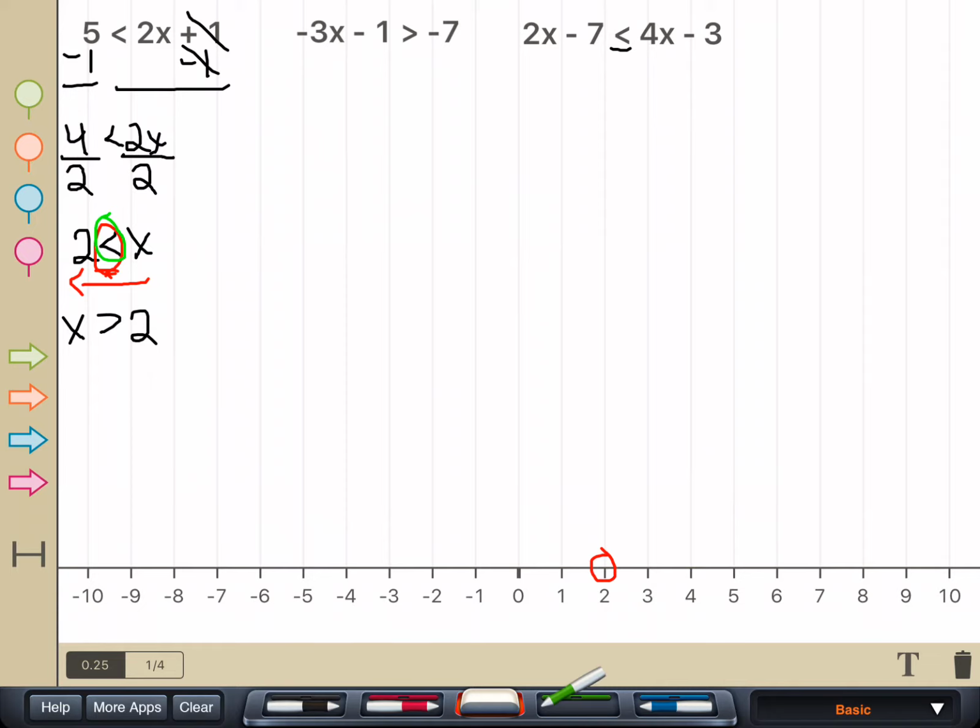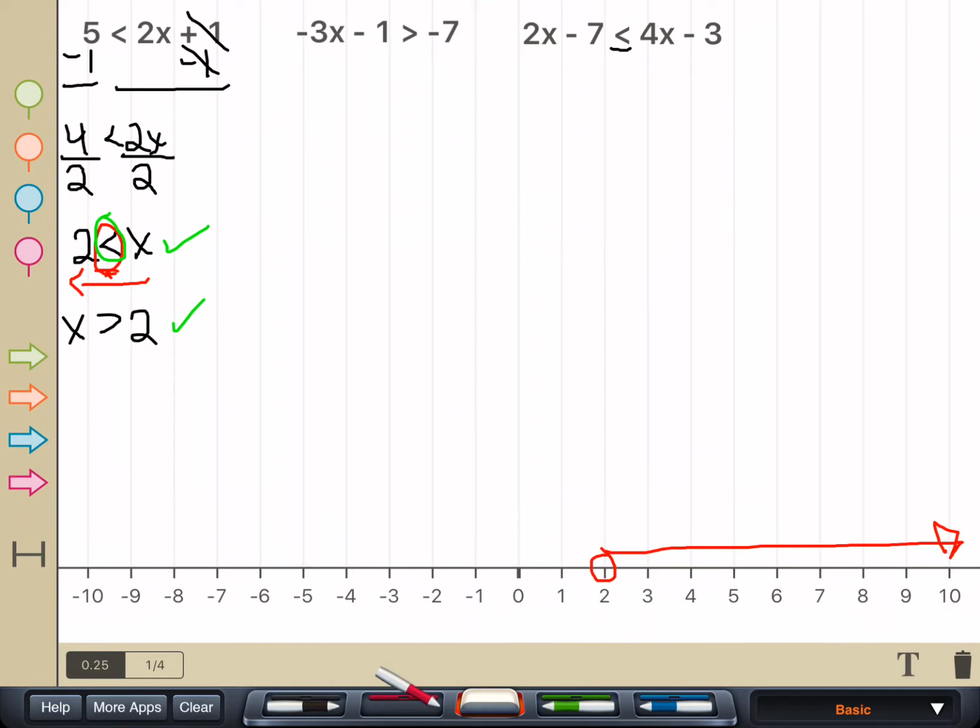So whether you're looking at it as x is greater than 2 or 2 is less than x, either way you're going to be graphing to this side. Some of you had a hard time with this because graphing to the right-hand side with a less than symbol did not make sense, but that's the correct way to graph it.